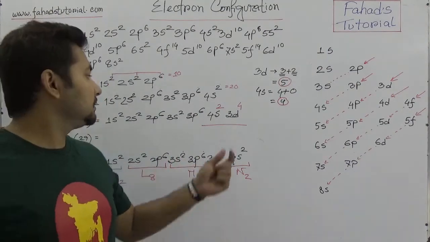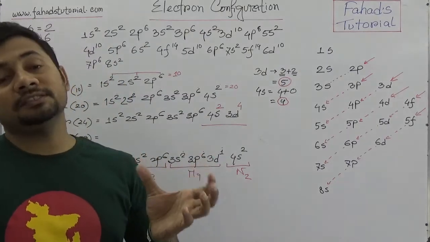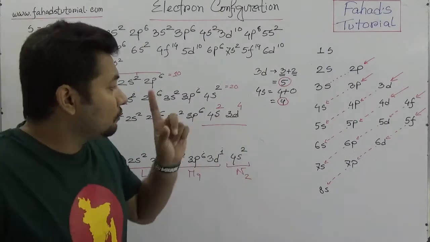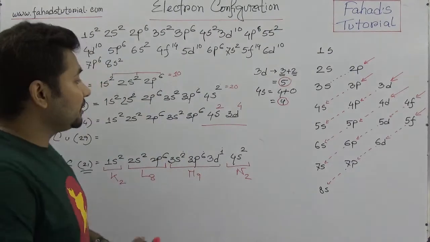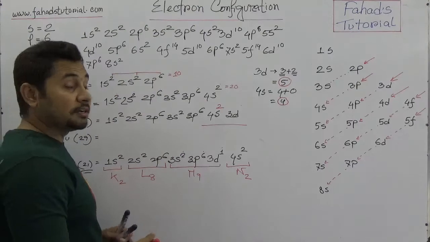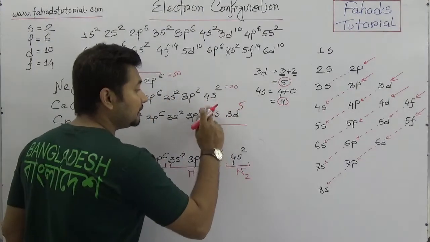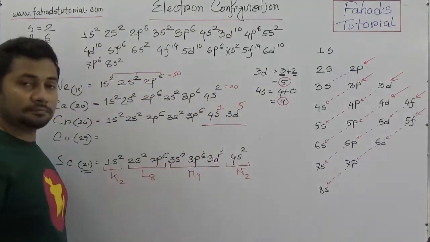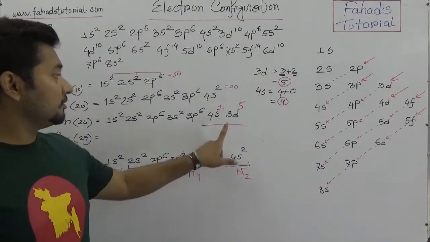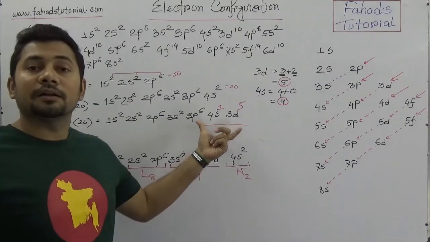Why? Because the d orbital is not getting half filled. So we need to put 5 instead of 4, and here it would be 1, and this electron configuration is more stable than the previous one.